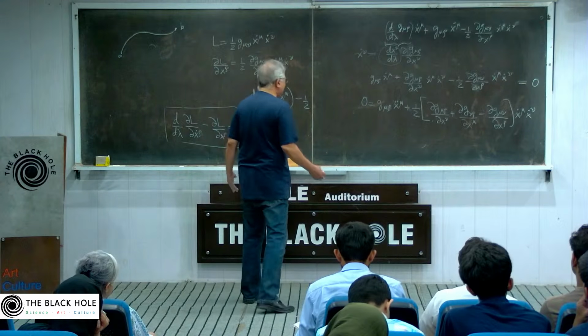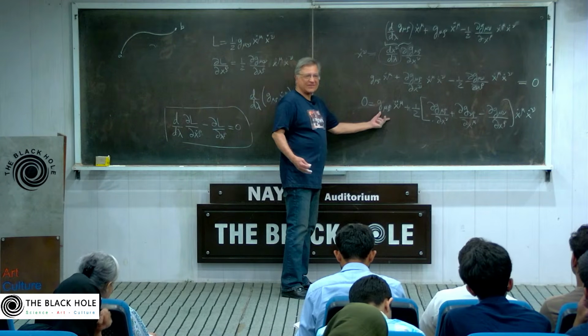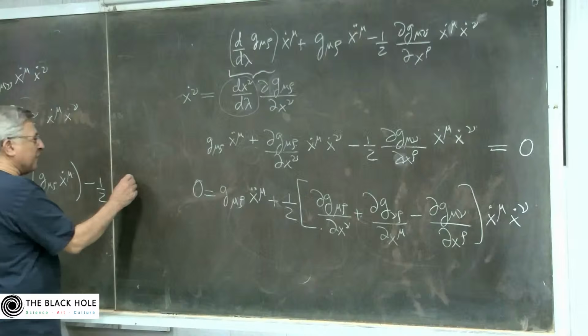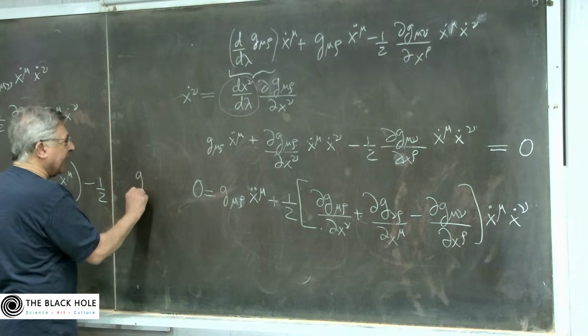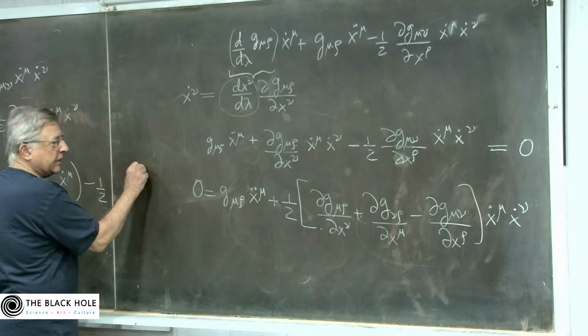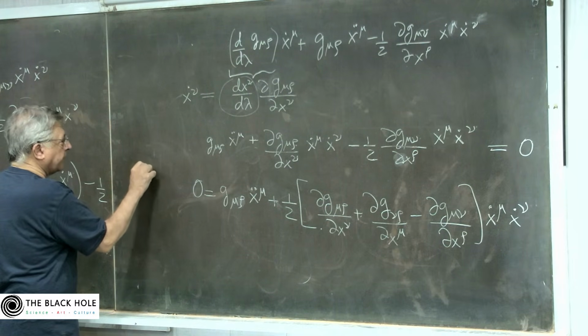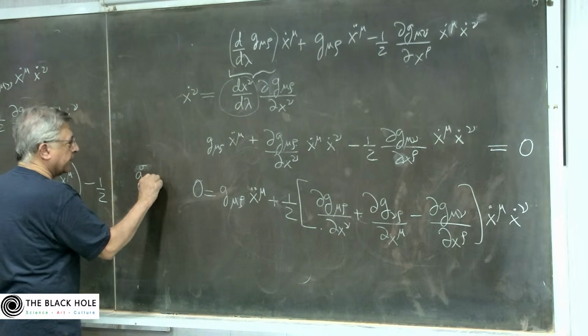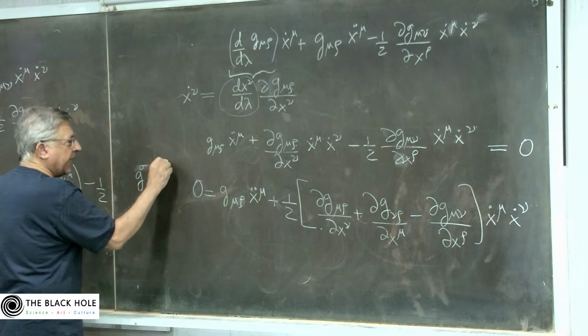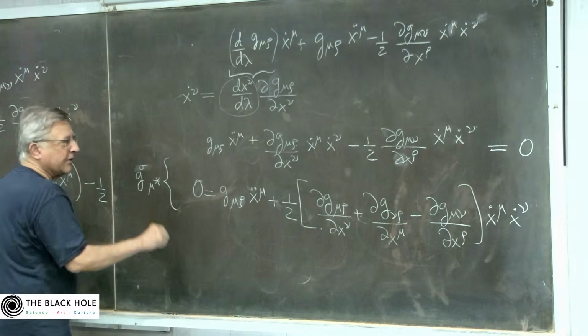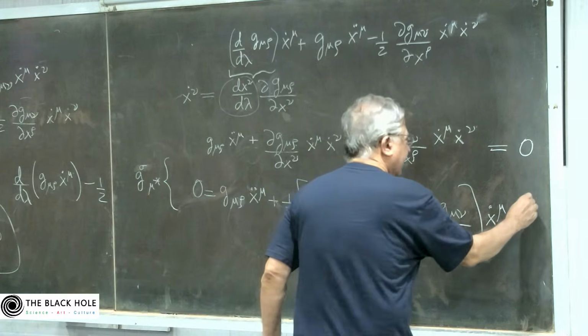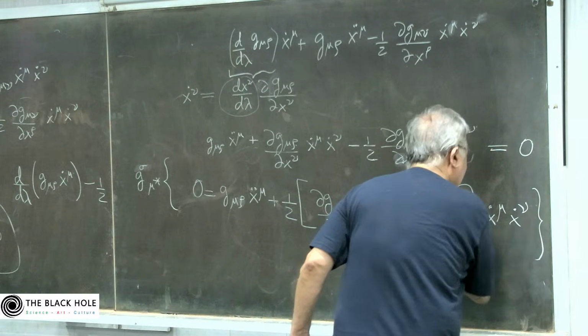Very nice. So I should multiply it with the inverse of this. So I am going to multiply by g sigma mu. I'm going to multiply both sides of this like this.